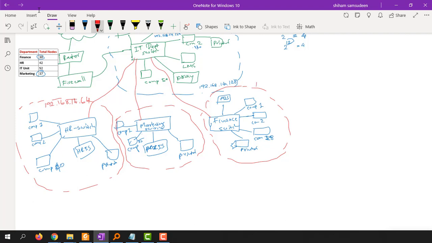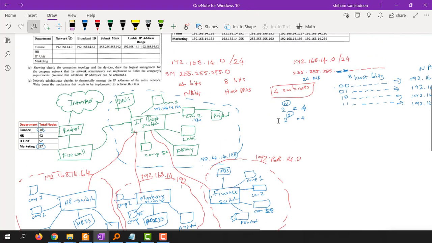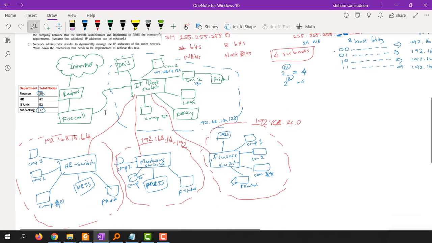Finance department was 192.168.14.0, and marketing is 192.168.14.192. Okay? So that's the network address of each of these local area networks, right? So this is your logical network diagram basically.